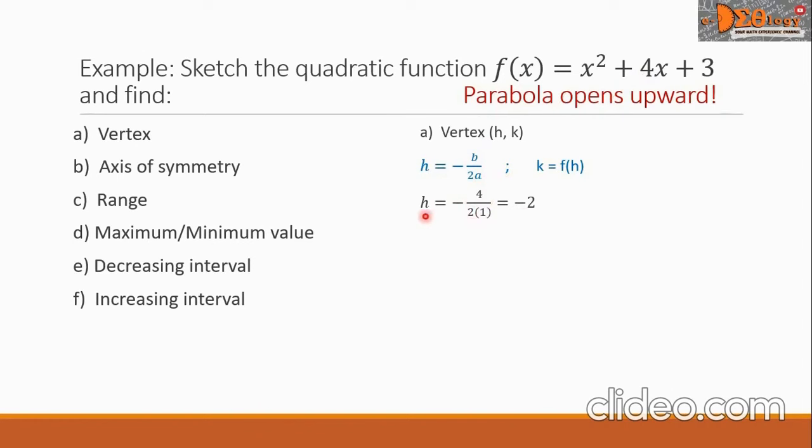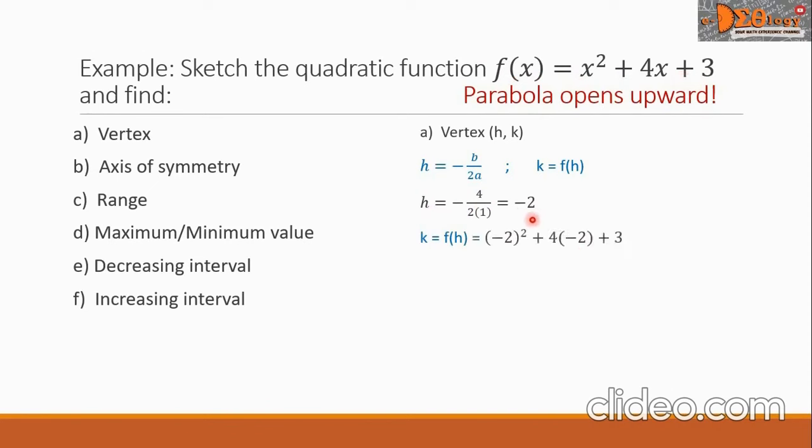This is the h. Now for the k, we will use this value of h in our original function. I'm going to copy the same function down here, but every time there is an x, I will change that by the h value, which is negative 2.